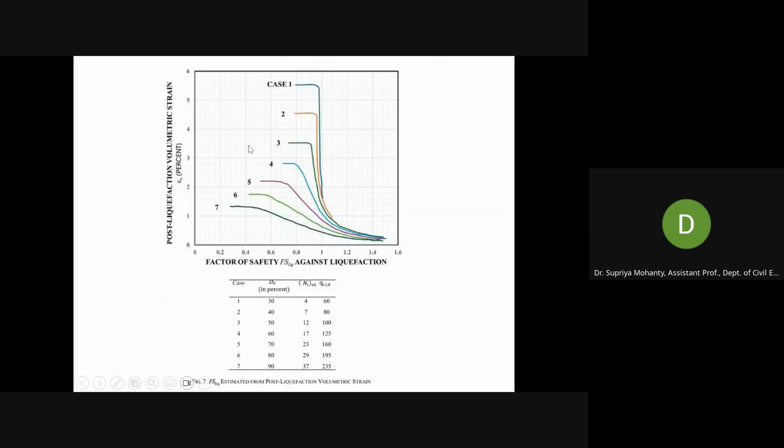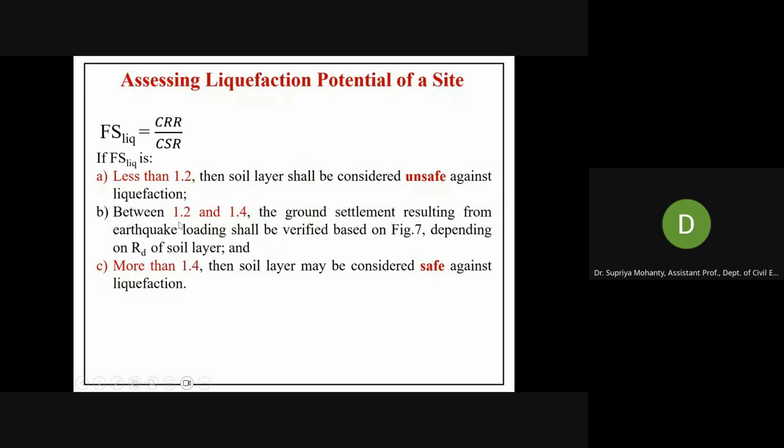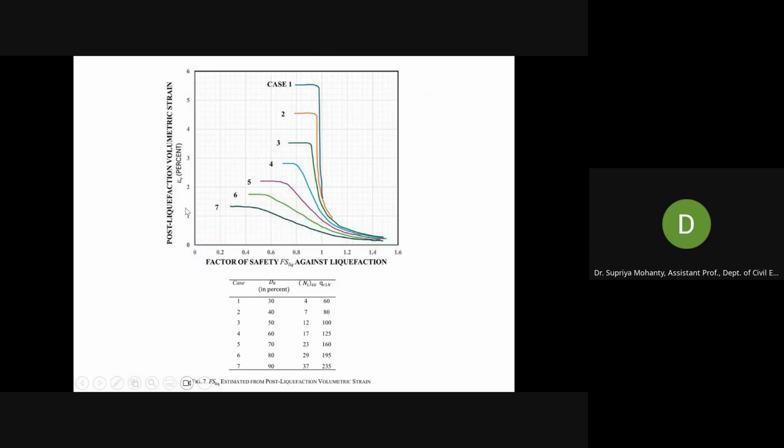This graph or figure you need to use for the second case. If your factor of safety against liquefaction is between 1.2 and 1.4, then depending on the RD of the soil, relative density, starting from loose to very dense, 30% is the loose case and 90% is the very dense case. The seventh one represents the dense soil.